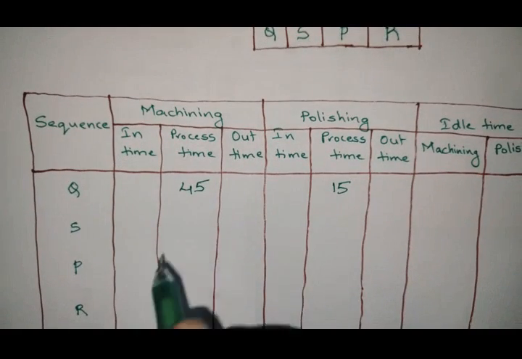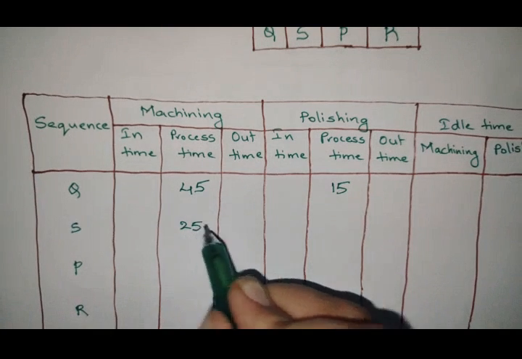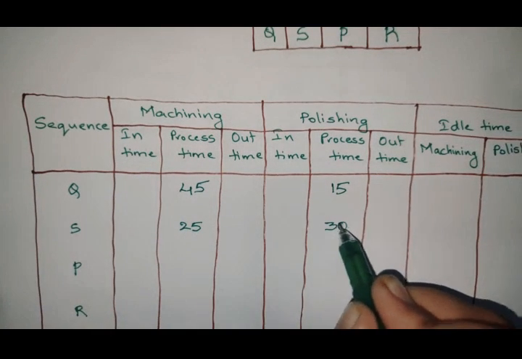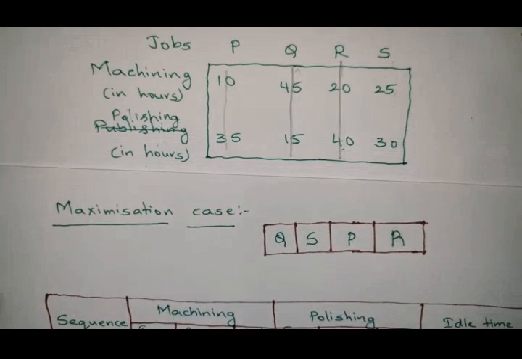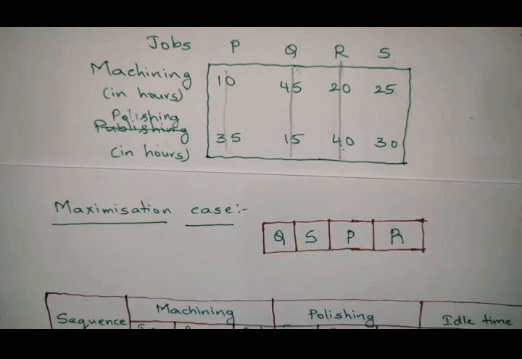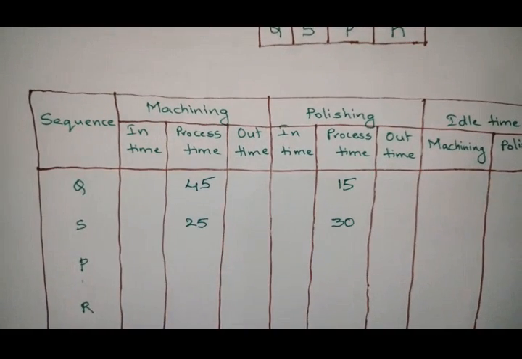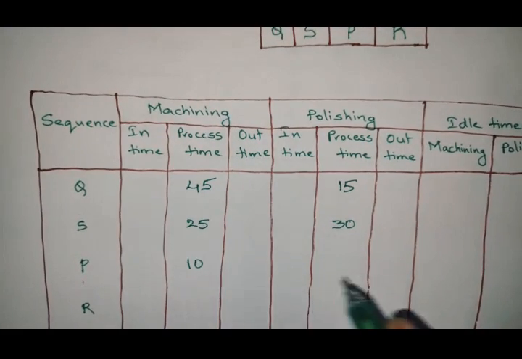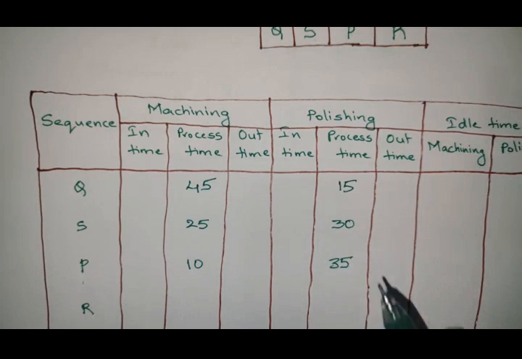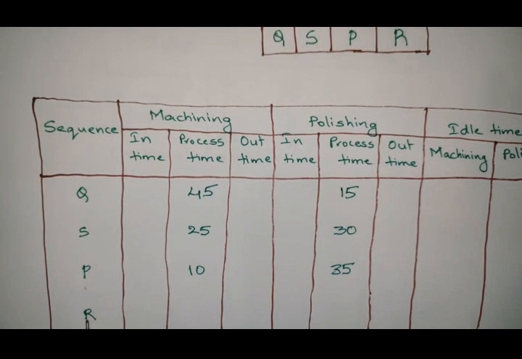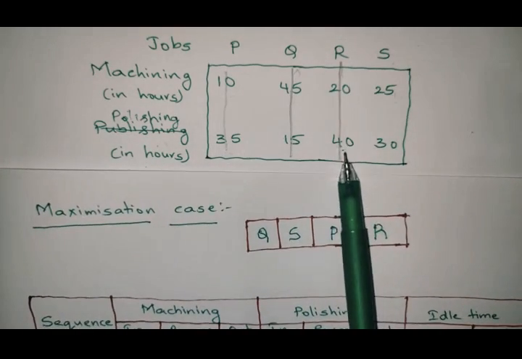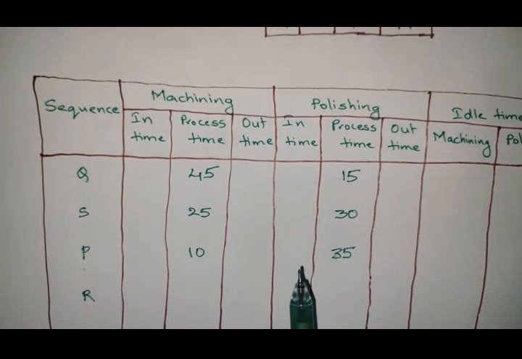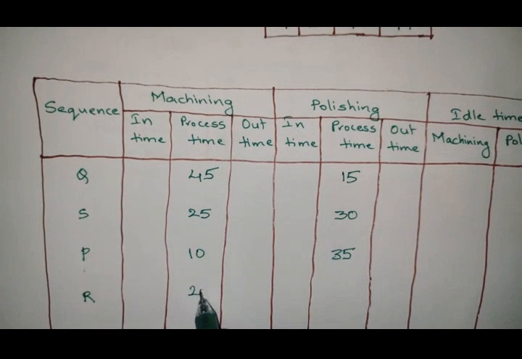So write them, 25, 30. And next, corresponding to job P, the process times are 10, 35. So write them, 10, 35. And next, corresponding to the job R, the process times are 20, 40. So write them, 20, 40.